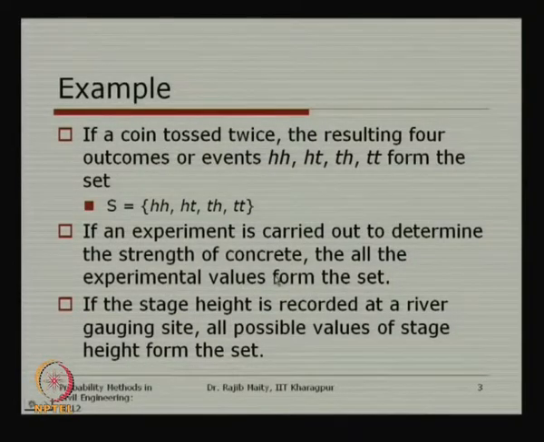The strength of concrete depends on various factors, its water cement ratio or the time and type of curing, and it can take any value. For the stage height, the set is bounded on one side by 0. Physically or mathematically it can take any value from 0 to plus infinity. All this outcome, taken together, forms a set.